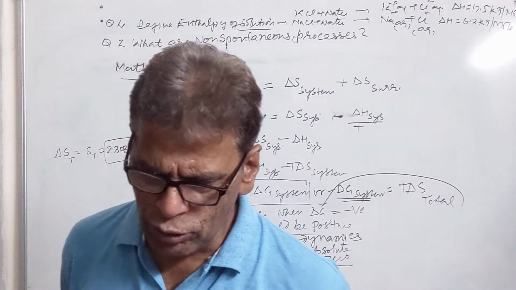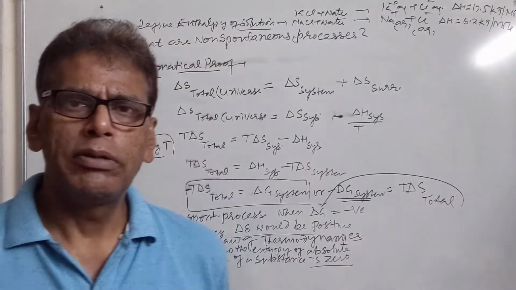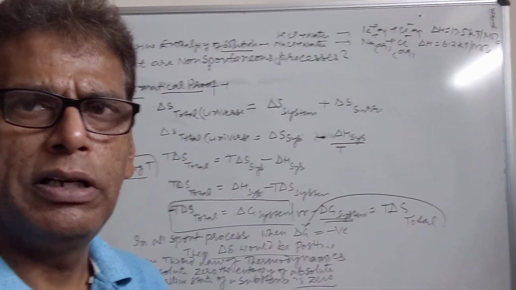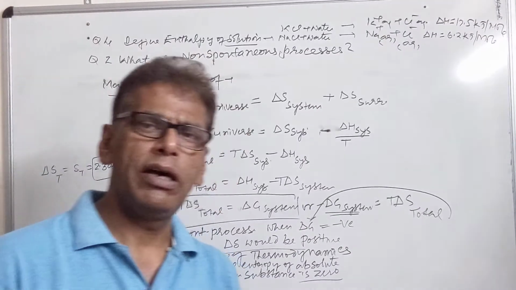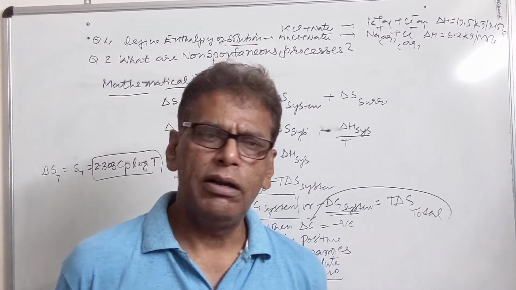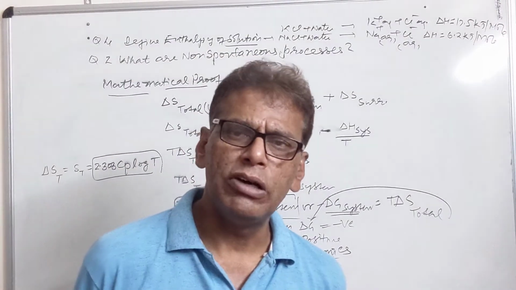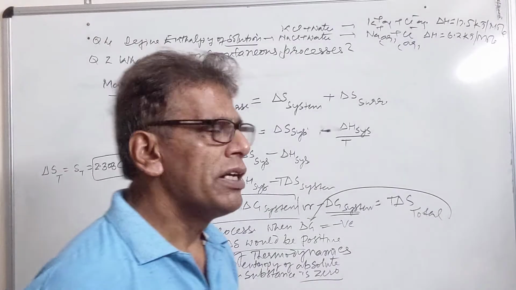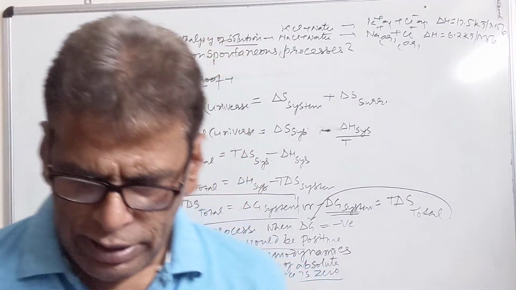This concept is used in the crystallization of ice cream by ice cream generators, where the salt water mixture is kept around the ice cream mixture. Salt dissolves in water, absorbs heat, cools down the water, and this water in turn cools down the ice cream material, and it gets solidified in the end.